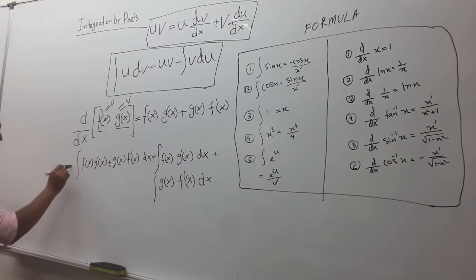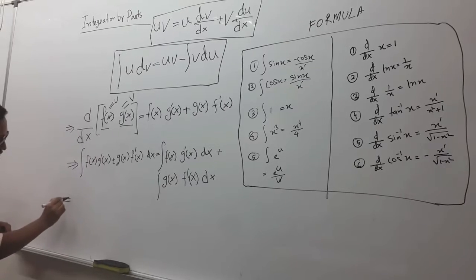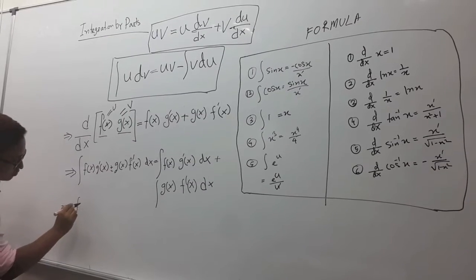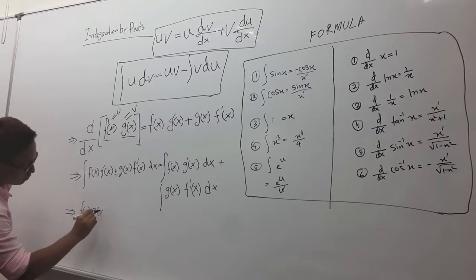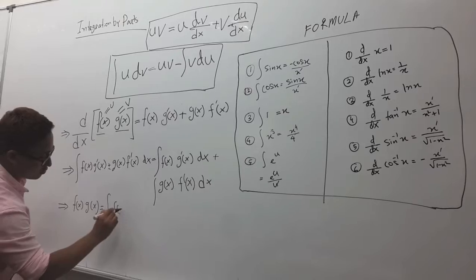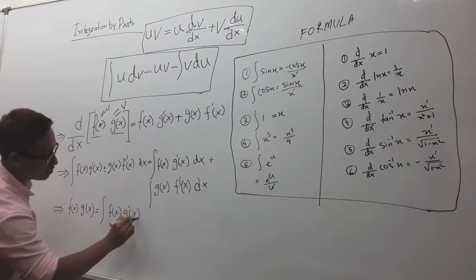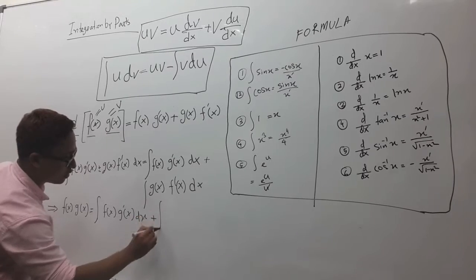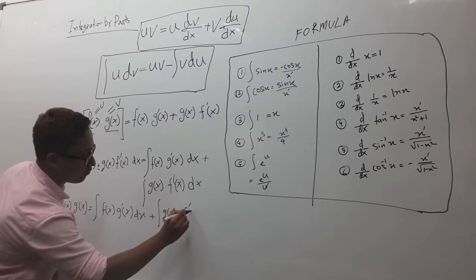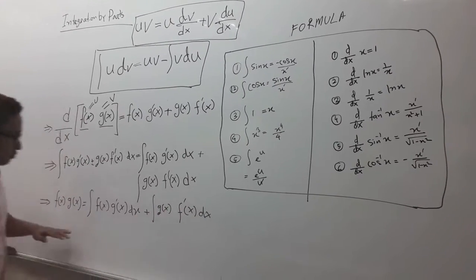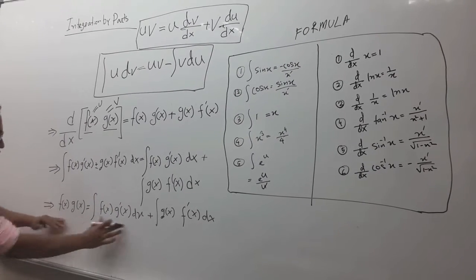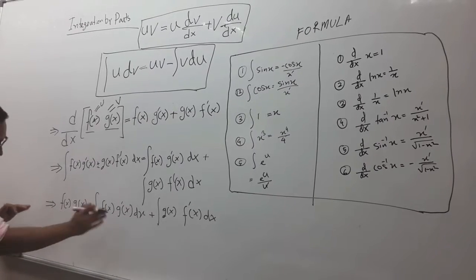So for the next line, our main equation is this one, which is f of x g of x equal to integration of f of x g prime x dx plus integration of g of x f prime x dx. To find the integration of f of x g prime x, we have to put these two functions on this side and that side.